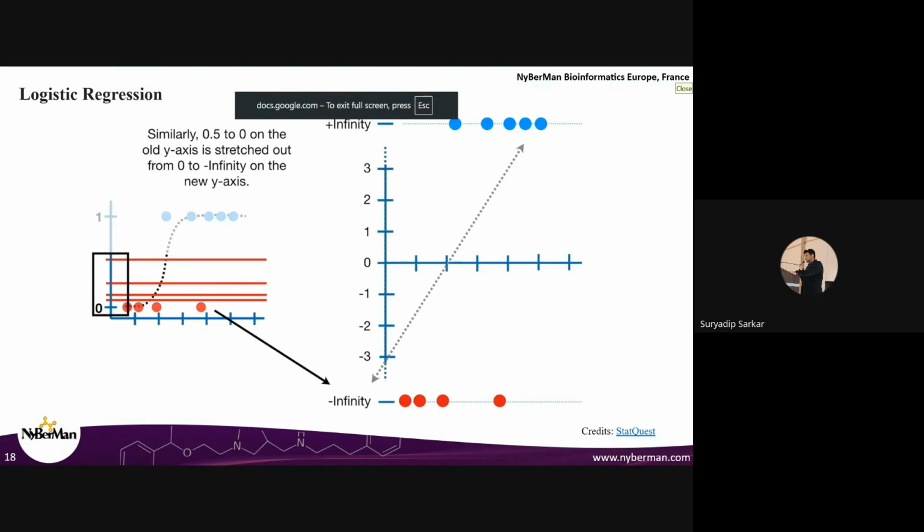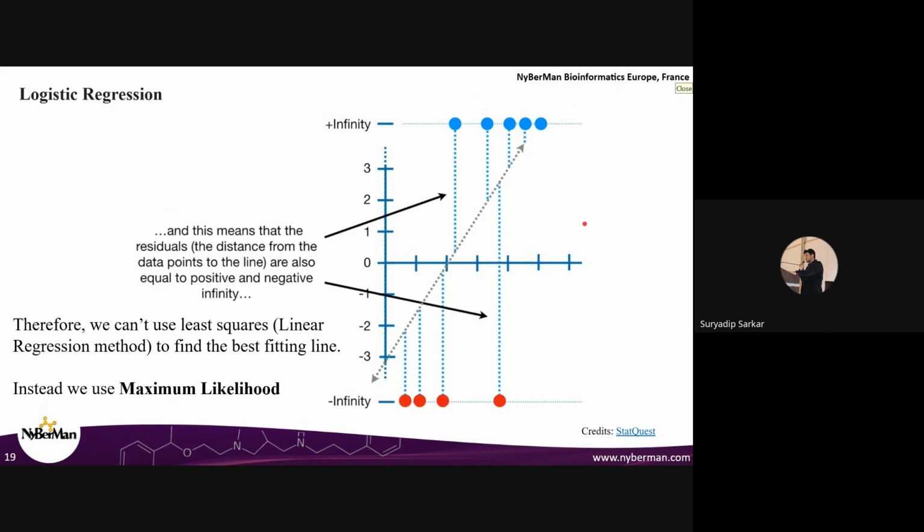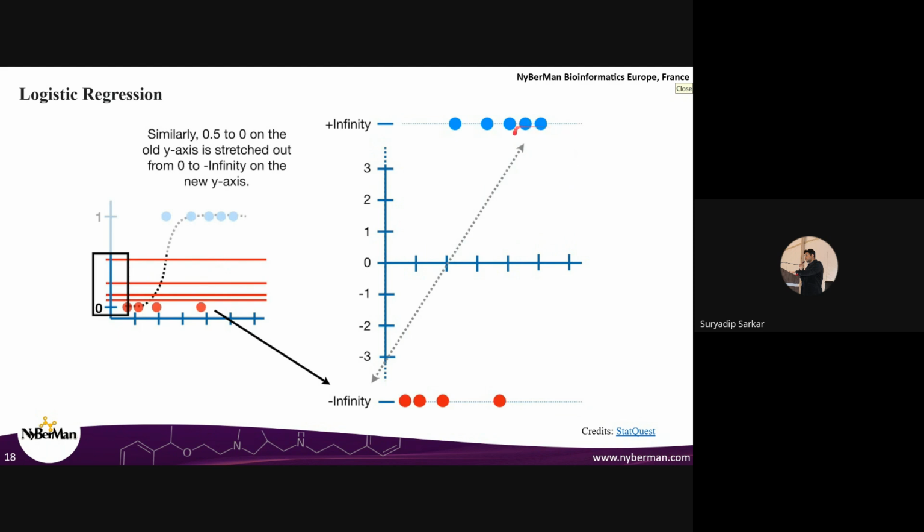Okay. So now that we have successfully stretched this axis onto the log of odds axis, we are at a place where we can try and figure out how to fit a line like this to this particular data that we have. First of all, let us assume that, just like linear regression, we start with a random straight line.